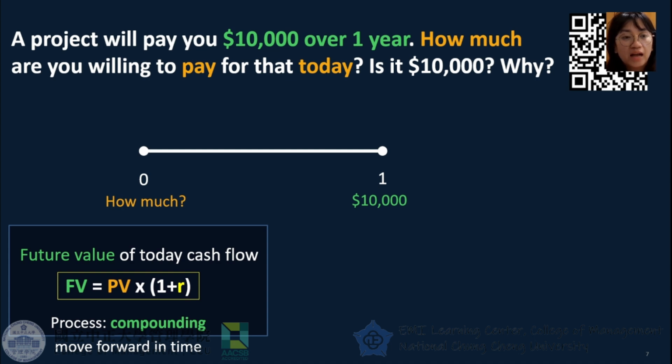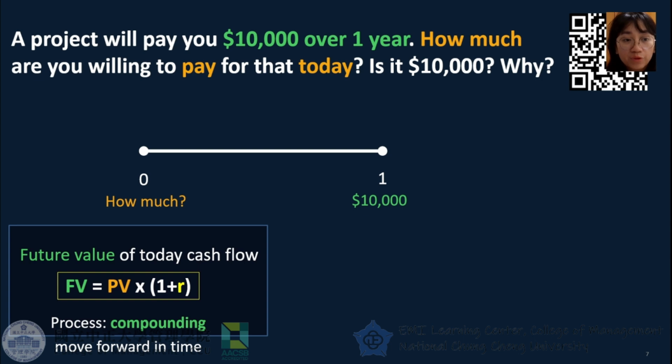All right, I have found that all of you have given your answers, and the majority choose less than $10,000 because of the time value of money. This is wonderful. You have caught the call. Because money today can earn a return, $10,000 in the future must be worth less today.